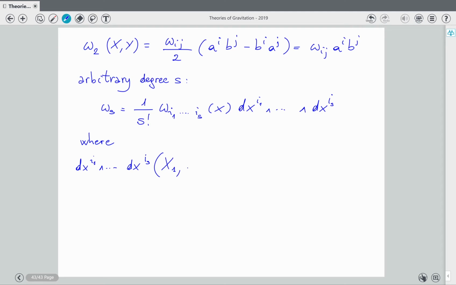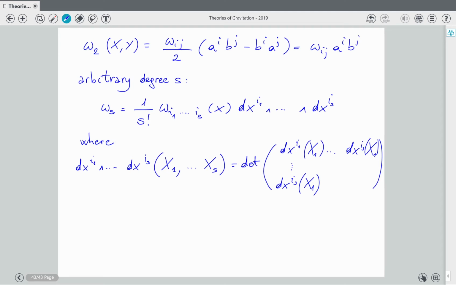On a set of S vector fields, derivations, will be equal to a determinant, again, of what? dxi1 applied to capital X1, up to dxis applied to capital X1, and so on, up to dxis applied to capital XS.